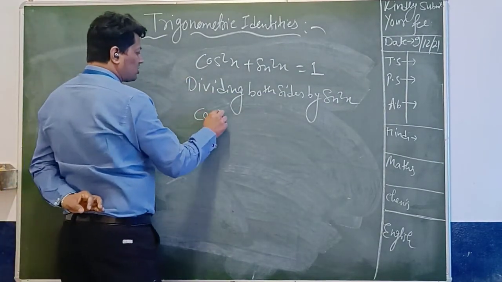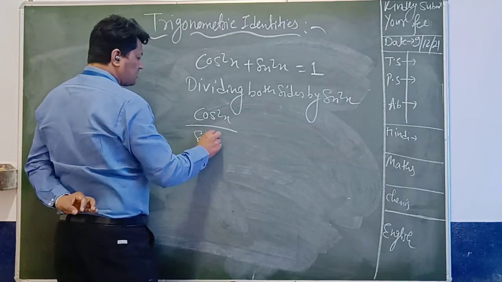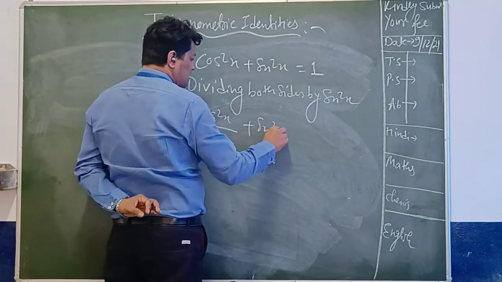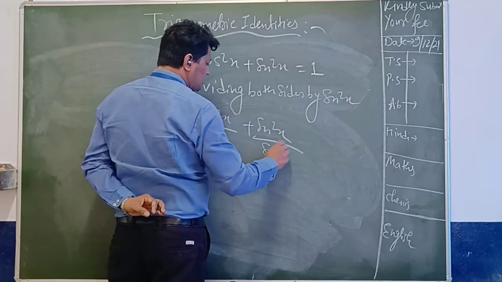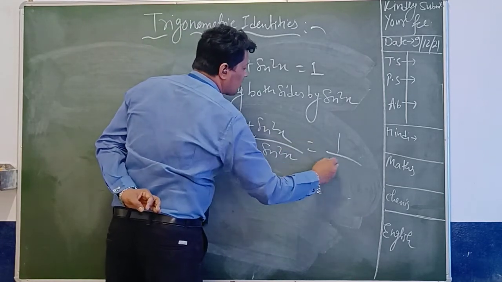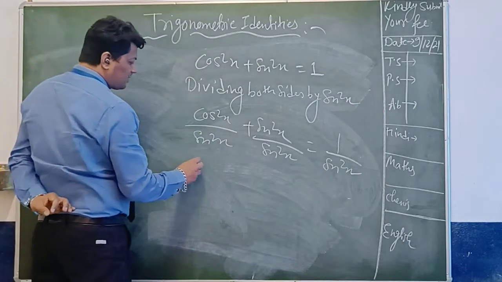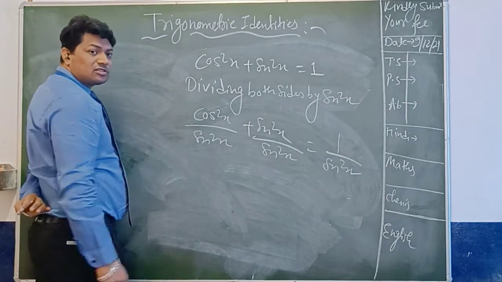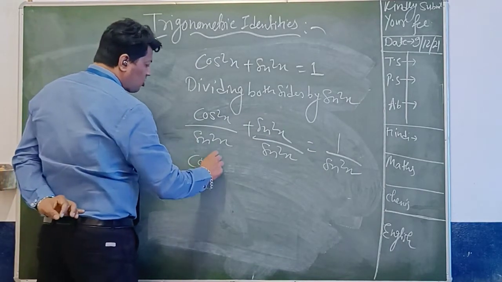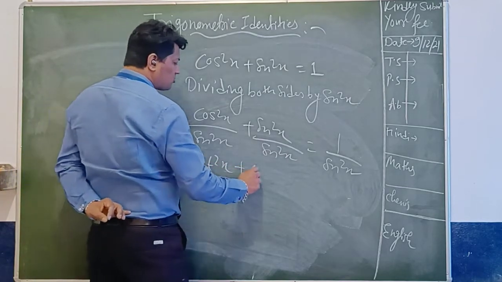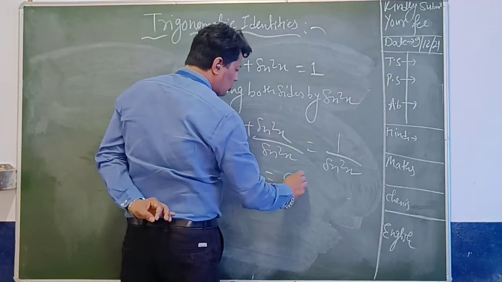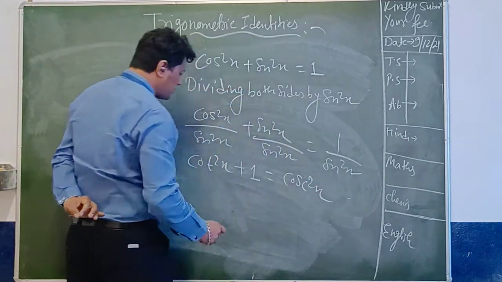So we get cos square x divided by sin square x plus sin square x divided by sin square x equals 1 upon sin square x. Is it clear? You are getting cot square x plus 1 equal to cosec square x. Is it clear?